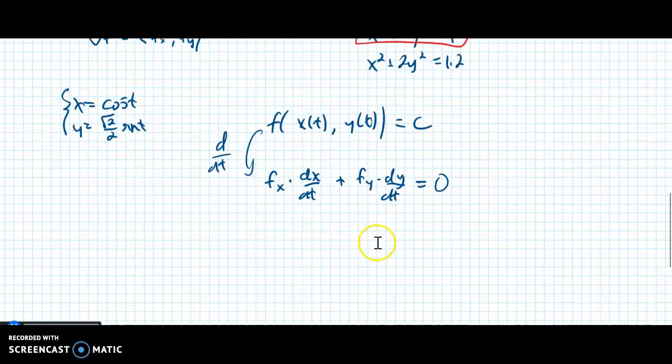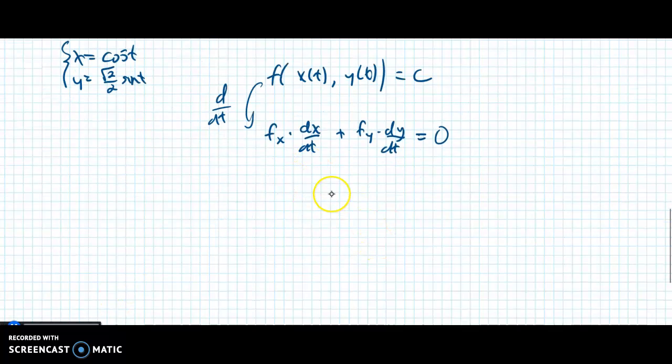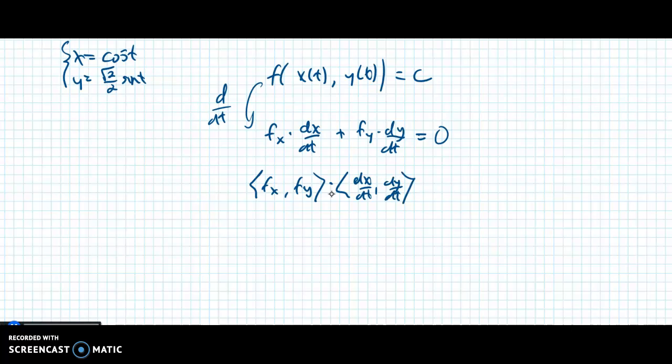Now, what does this give me? Notice I could rewrite this using vectors. This is f sub x, comma, f sub y, dotted with dx dt, comma, dy dt. So, what is that?